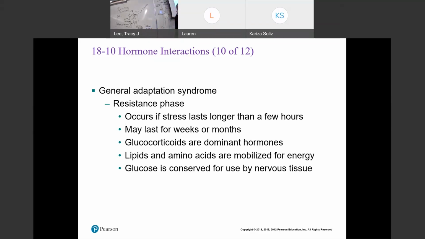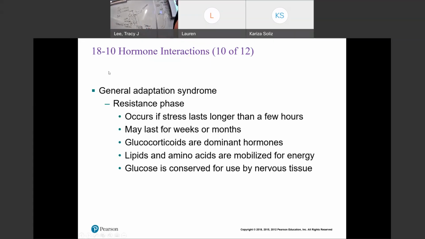This is where we're going to reserve glucose, and we're going to try to mobilize lipids and amino acids. If we're not using this glucose, though, we may see it deposited in adipose tissues.